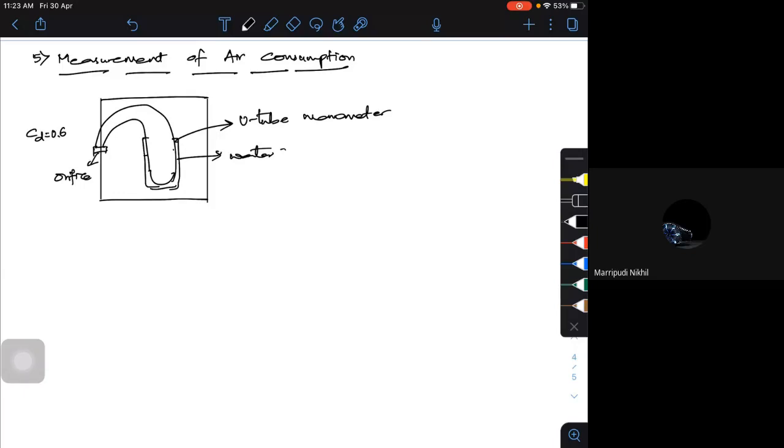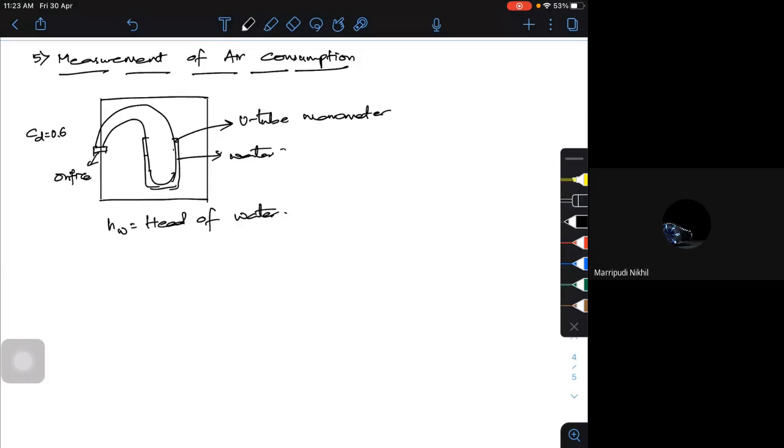This is called the head of water, HW, which is an indication of how much air is flowing.